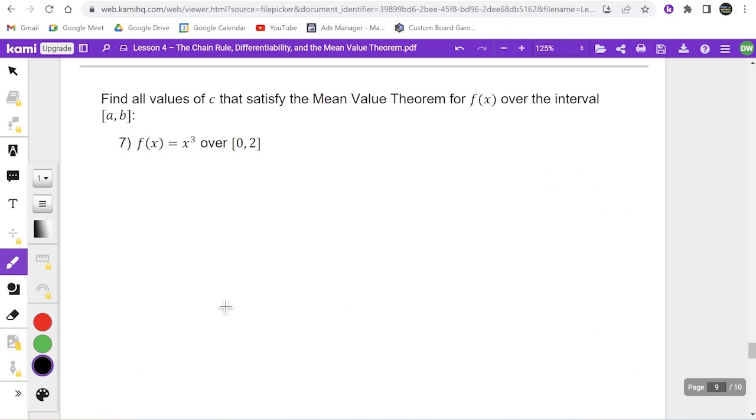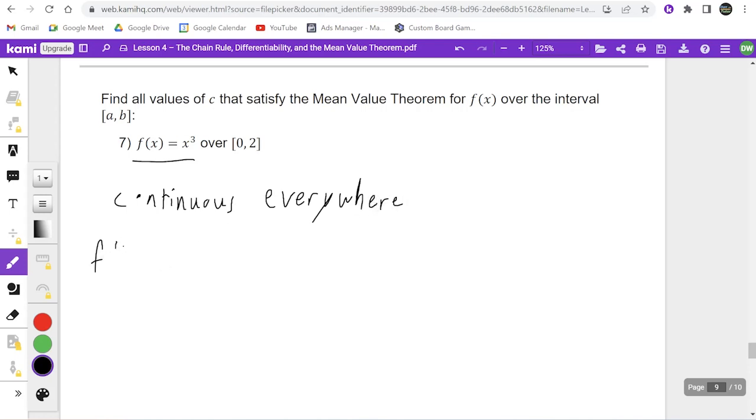Now for the last 2, we need to find the values of c that satisfy the mean value theorem of f of x over the interval. If you remember, you first have to check that it's continuous and differentiable very first, okay? So this is definitely going to be continuous because this function is continuous everywhere. There's no values for x that are going to break x cubed. I promise you that.